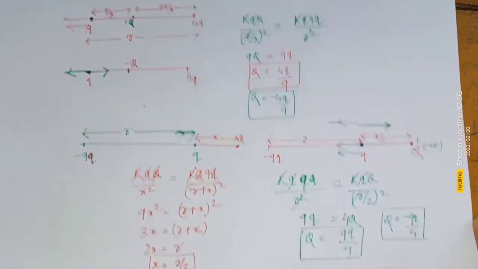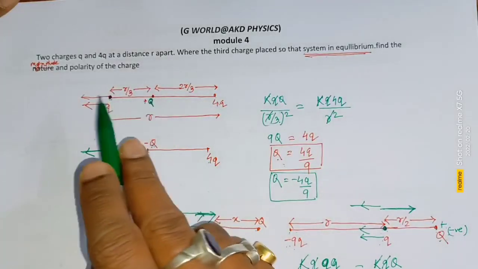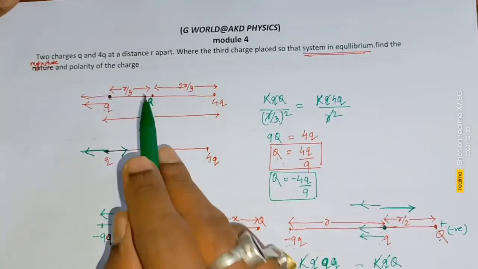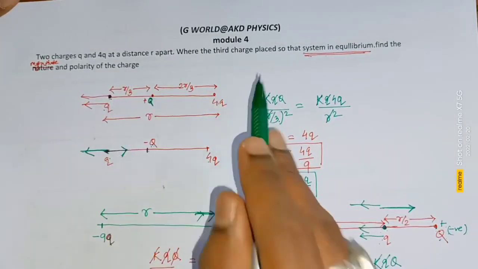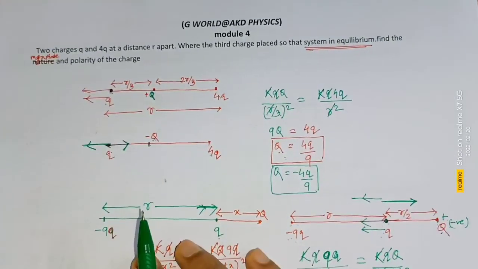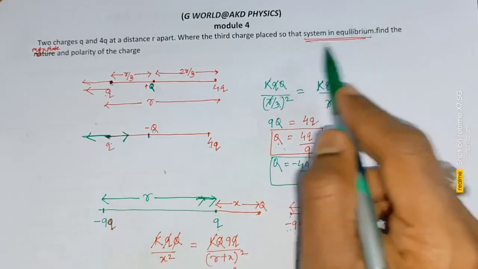Let me summarize what we did. Using model 3, we know that the equilibrium point is always nearest to the smaller charge. First, you have to find at what distance you will get the equilibrium point. Once you get the equilibrium point, you look into the other charges, which must also be in equilibrium as the system is in equilibrium.